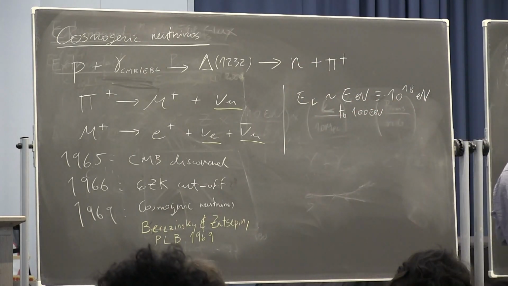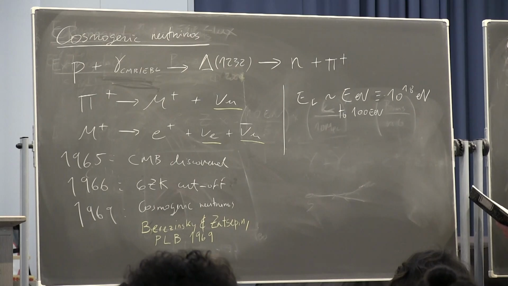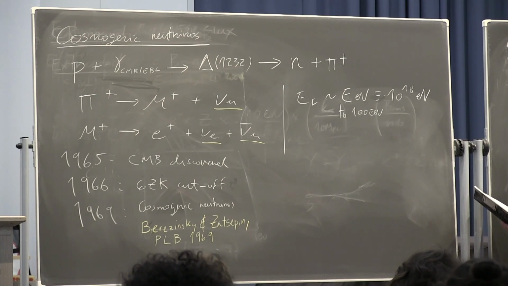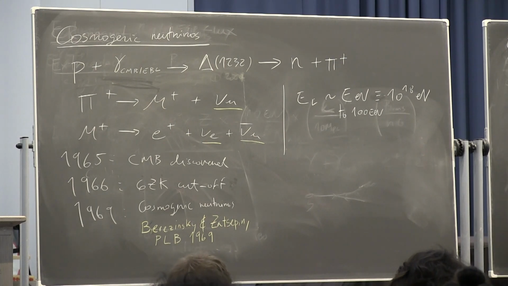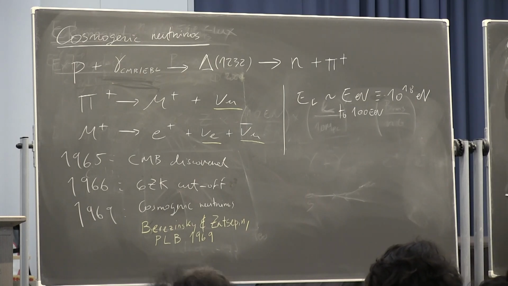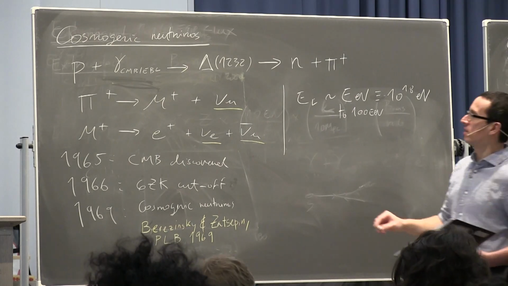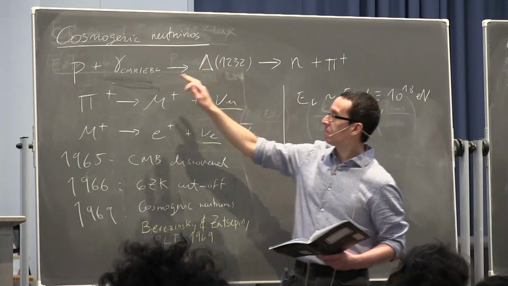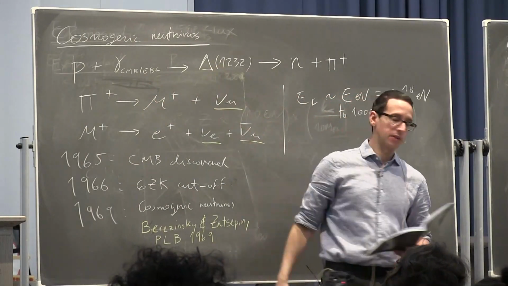Okay, so let's talk, just to let what I said sink in, let's talk energetics. Okay, so I think back maybe a couple of days ago, or maybe yesterday, I wrote down what the condition is between the proton energy and the photon energy to hit this resonance.